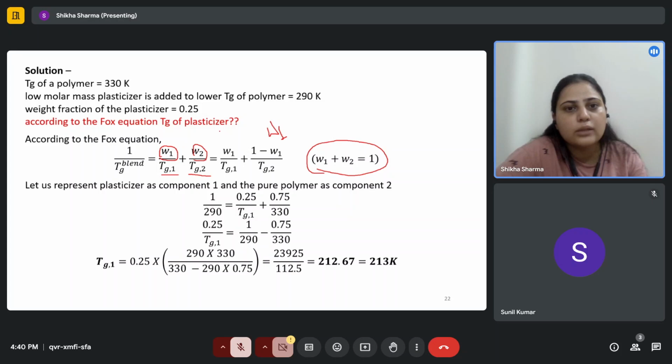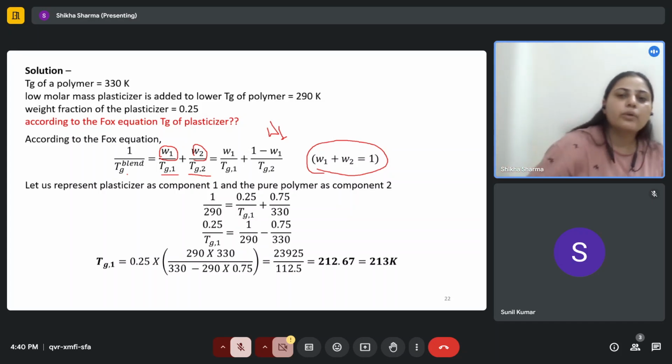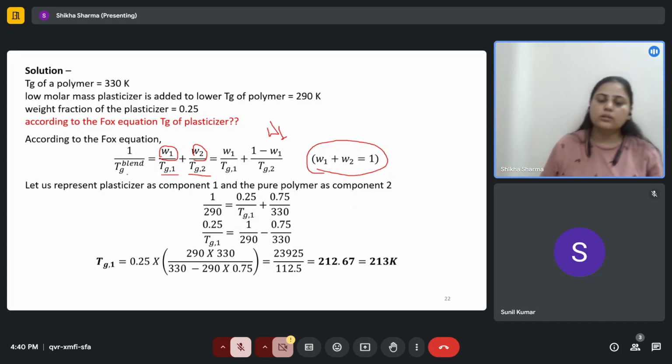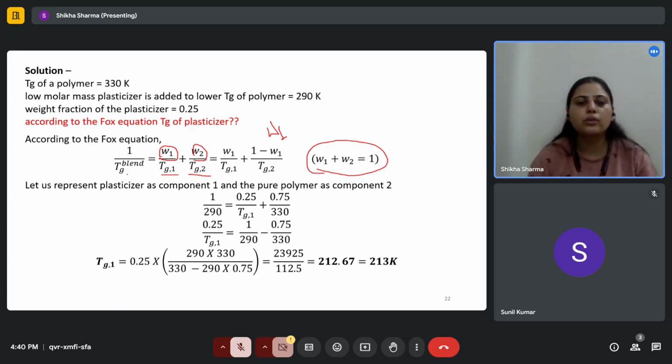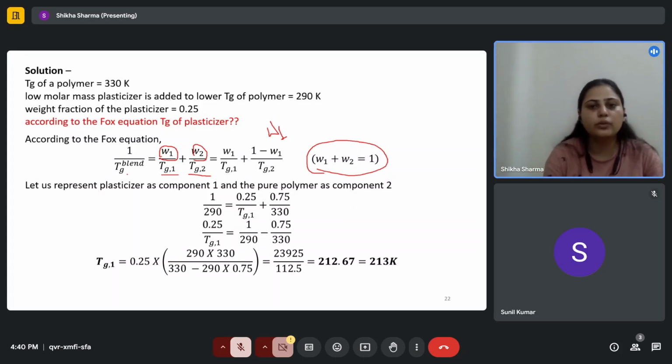Since we need to calculate the glass transition temperature of the plasticizer, and W1, the weight fraction of the plasticizer, is given in the question, we can simplify the equation in terms of the weight fraction of the plasticizer.